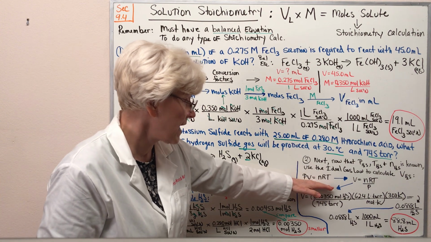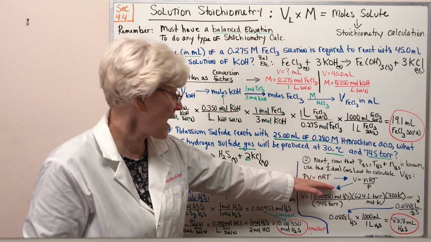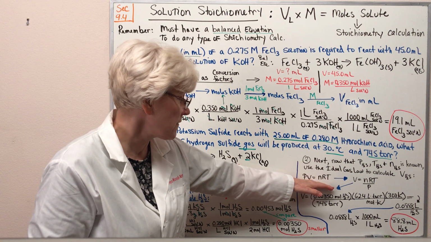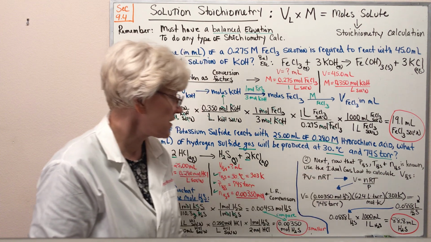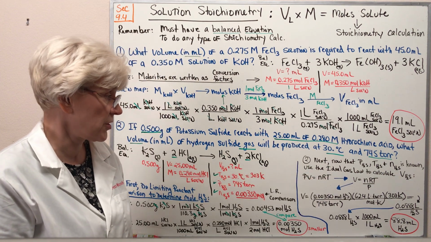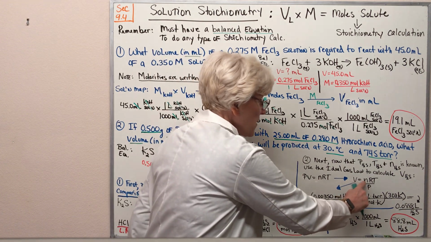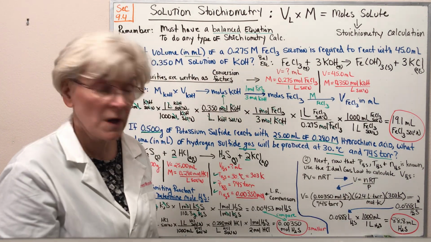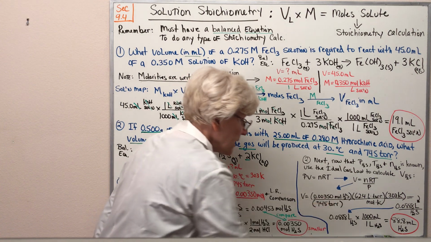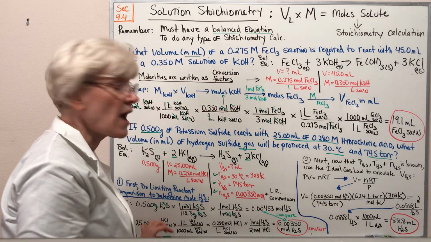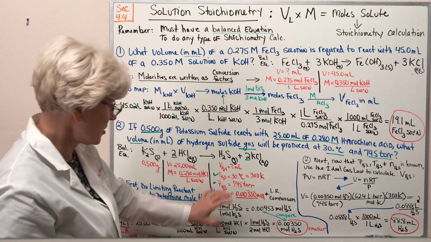PV equals nRT is the ideal gas law, and we are solving this equation for volume, dividing both sides of the equation by pressure. This gives us volume equals nRT over P, and now we are doing our plug and chug step of the calculation.